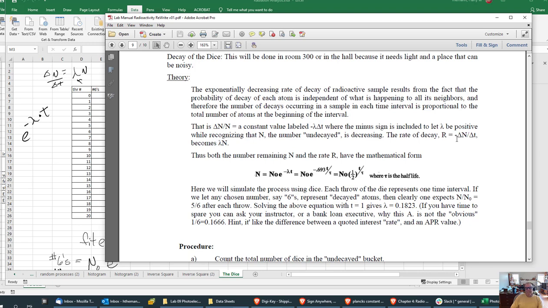And this is fun. There's nothing wrong with this, actually. But let's take a look here now. They tell us in the text here that lambda in the original formulation of e to the minus lambda t is going to end up being 0.182 when you have that one out of 6 chance each time, and you would have expected it to be 0.1666.